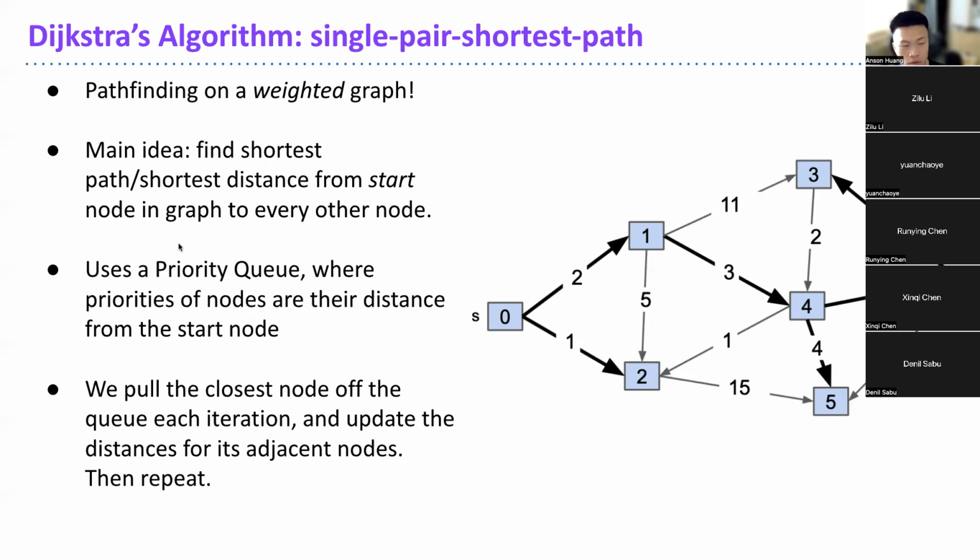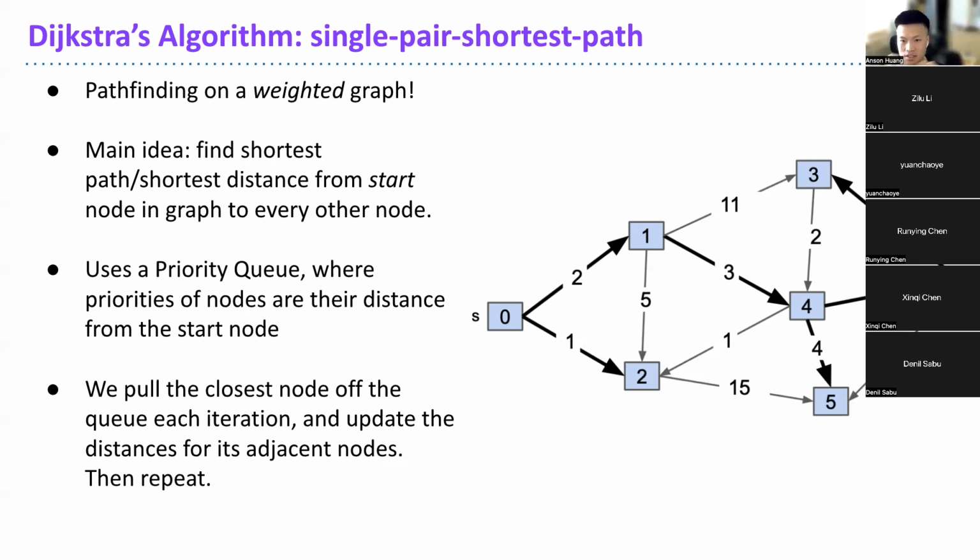With BFS, it uses a queue, DFS uses a stack, Dijkstra's uses a priority queue. And the way the priority works is the priorities of the nodes are their distance from the start node. So if you want to get the shortest distance, then you would pick the shortest path from the current node you're looking at to the source node.